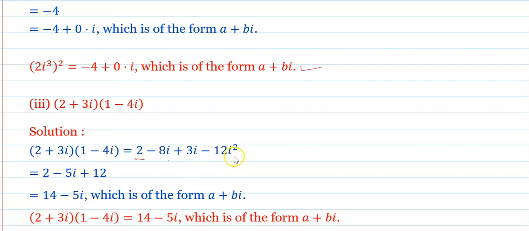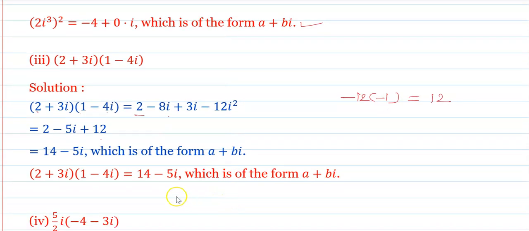Now i square is minus 1, therefore minus 12 into minus 1 gives plus 12. Minus 8i plus 3i gives minus 5i, and 2 plus 12 gives 14. So 14 minus 5i, which is of the form a plus bi, where a is real and b is imaginary. Hence (2 plus 3i) into (1 minus 4i) equals 14 minus 5i.